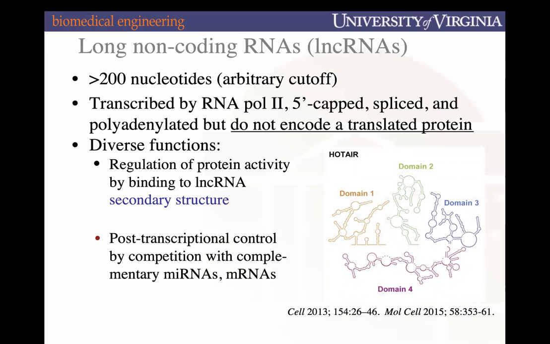Another thing is that it can enable post-transcriptional control, so after transcription has occurred, it can compete and regulate microRNAs or mRNAs themselves. And finally, it can enable direct transcriptional control, which is exactly what we're going to use to understand Klinefelter syndrome and Down syndrome a little bit more.